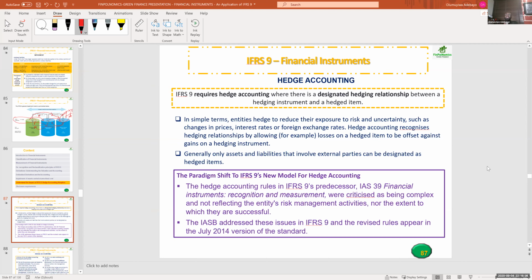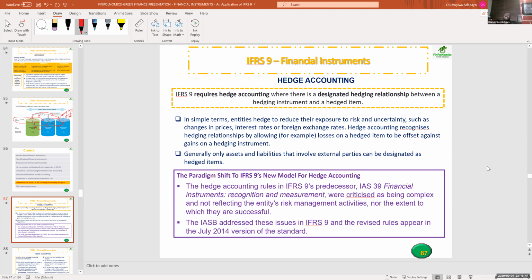Now, talk of hedge accounting without talking of hedge itself. A hedge is an instrument you use for hedging purposes. And what is hedging? Hedging is when you are exposed to certain market risk or market factors or market forces that are outside your control, and you are risk averse, such that you want to hedge that risk away so that you can focus on your own business you have control over. Which means hedging is a strategy of transferring a financial risk you don't have appetite or capacity for.